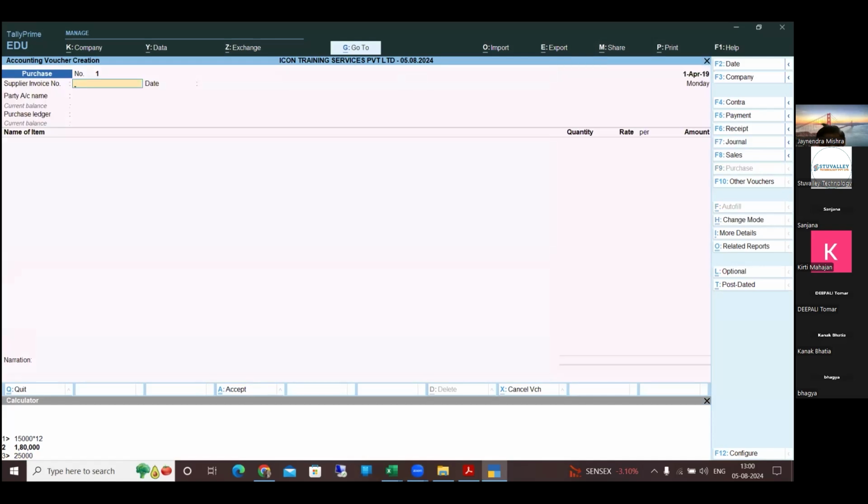So what is the benefit of recording through a purchase voucher? All we are paying is GST, and all your input data will be available at the same place. Therefore, friends, we should use it.